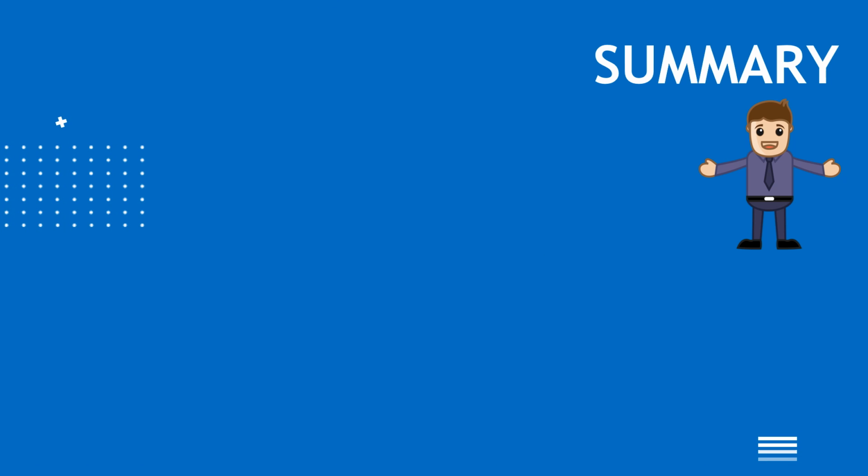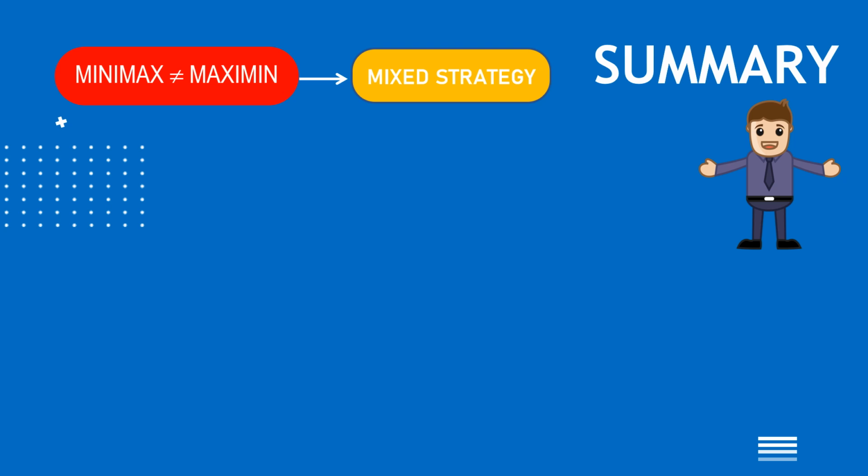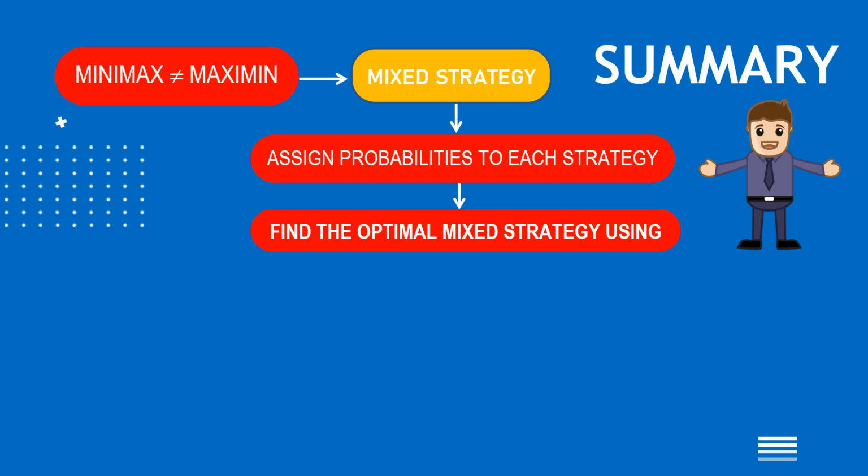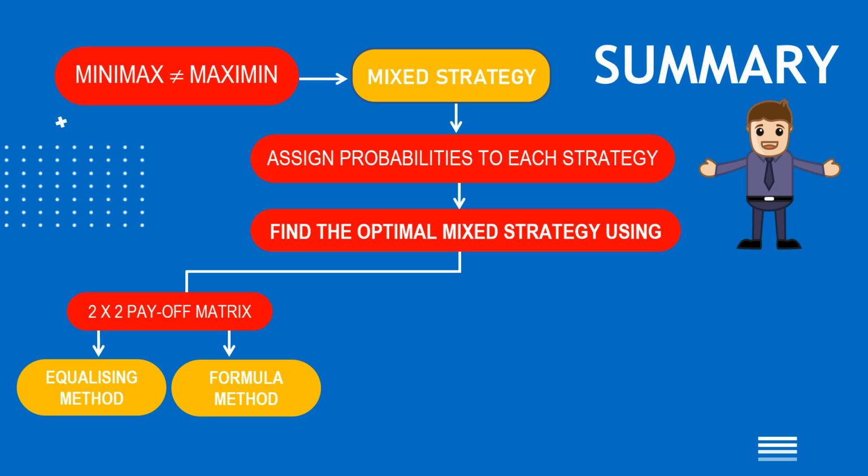Summary for today's lesson. If the minimax and maximin values are not the same, the players are advised to apply the mix strategy, where the probabilities are assigned to each strategy. To find the optimal mix strategy, if we have a 2 by 2 payoff matrix, we can use the equalizing method and the formula method.